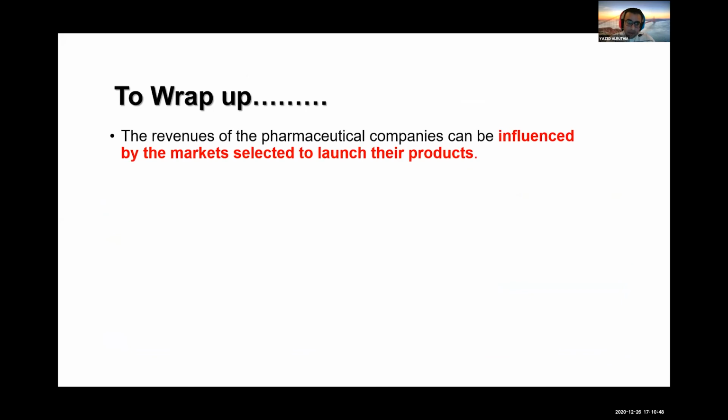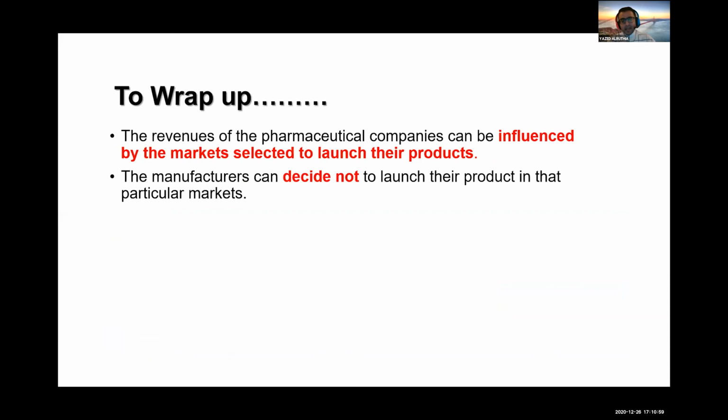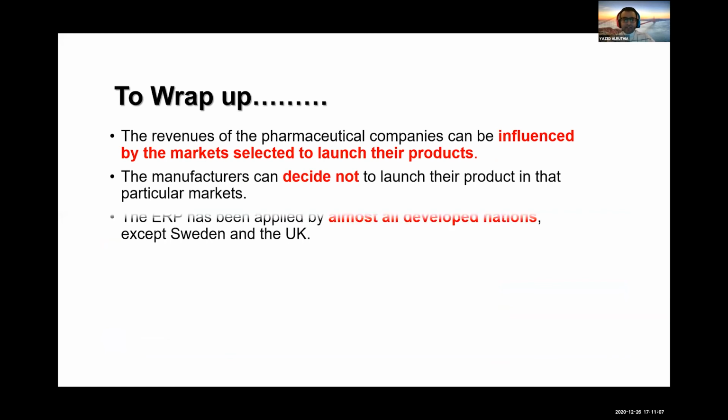Think about it. To wrap up, the revenues of pharmaceutical companies can be influenced by the markets selected to launch their products. Therefore, we see some market access delay in certain markets. Manufacturers can decide not to launch their product in particular markets, especially low-income countries, which impacts patient access to care.